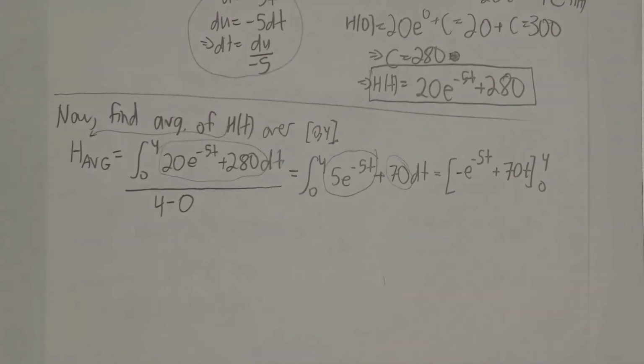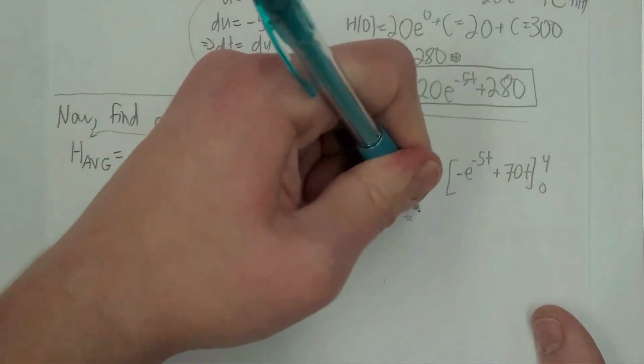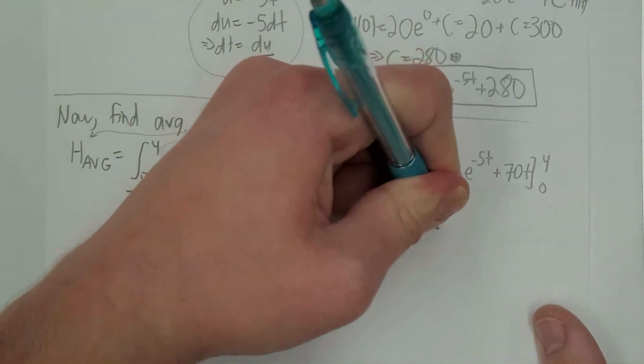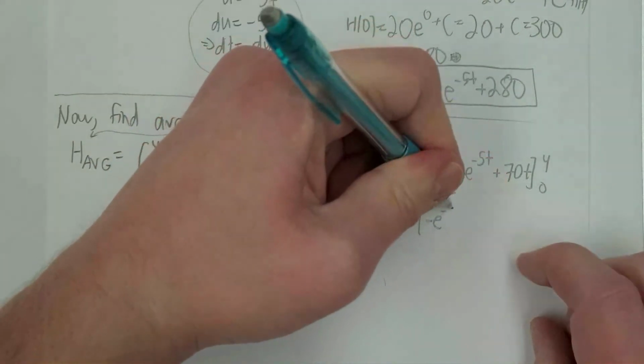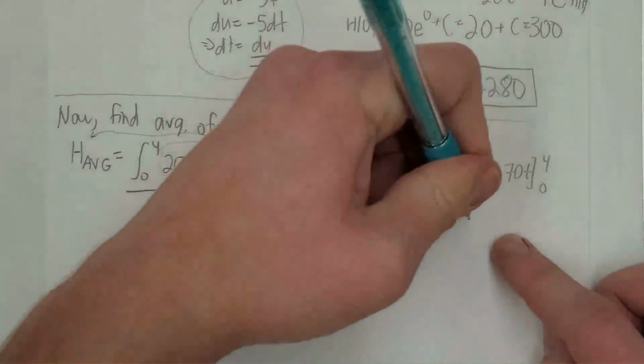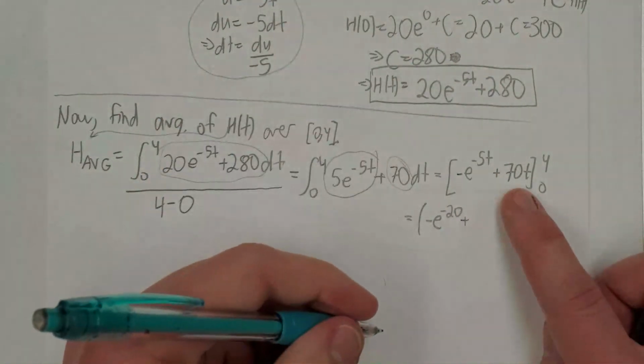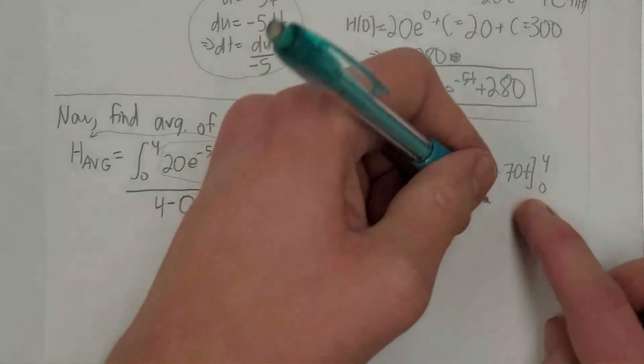Okay. So then from here we apply the fundamental theorem. So then we have, well, negative e to the negative, in this case, 20, and then plus, well, 70 times, in this case, 4, which ends up being 280.